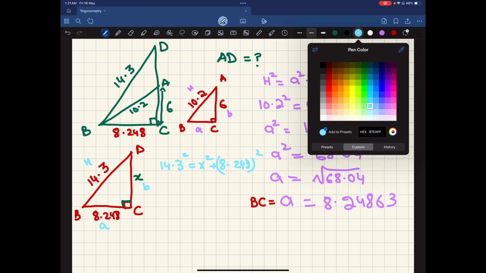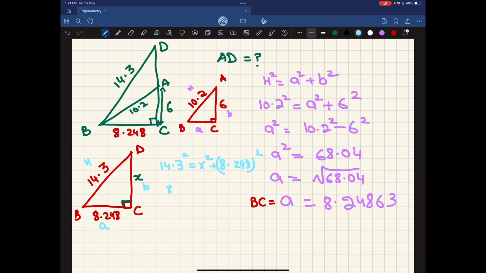So x squared is equal to 14.3 squared minus 8.248 squared. And then to remove this square, you're going to take the square root of the answer of this, right?